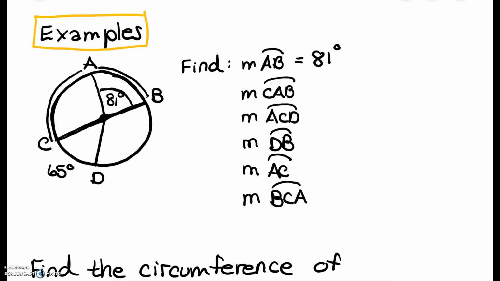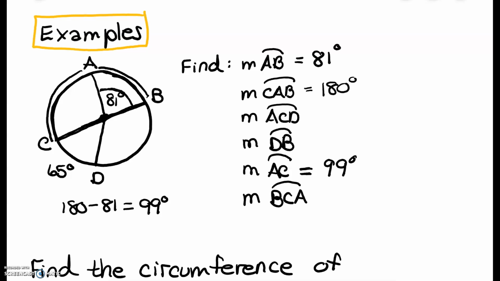And half of the number of degrees in a circle is 180 degrees. So what is AC? If I know CAB is 180 degrees, AC is going to be 180 minus 81 degrees, because those two arcs are supplementary. That gives me 99 degrees for arc AC.